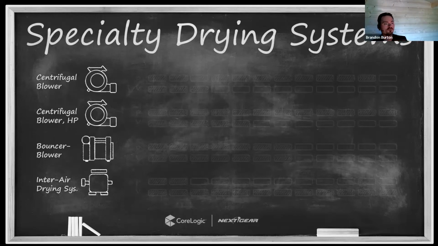So I'm going to talk about 4 different general categories of equipment here as we talk about drying interstitial spaces. They are the traditional centrifugal blower, right? This is just the carpet dryer, which can make a good inter-air drying system for a cavity or a void. It can, in the right circumstance, and I'll talk about why. We have its cousin, the centrifugal blower HP.